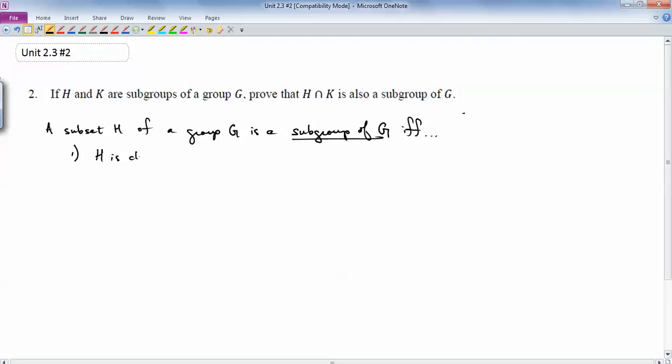One, H is closed under whatever the binary operation is.